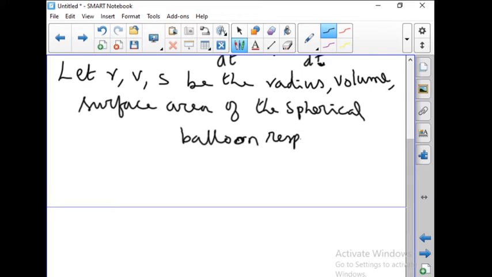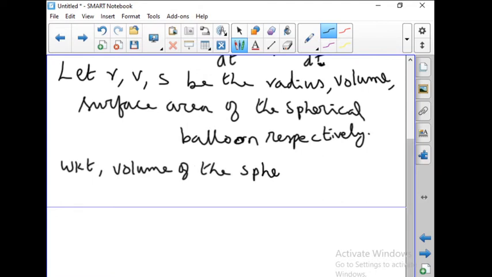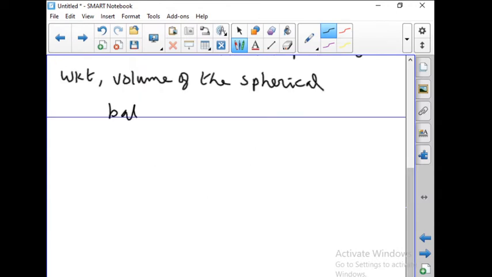So, r is the radius, V is the volume, and S is the surface area. Now we know that the volume of the spherical balloon is V, and V is equal to 4 by 3 pi r cube.